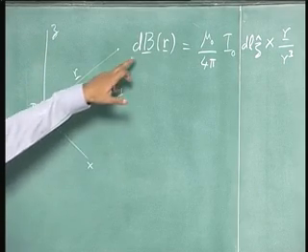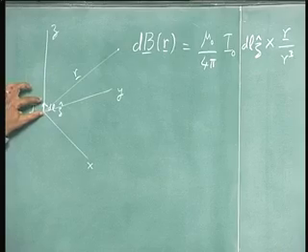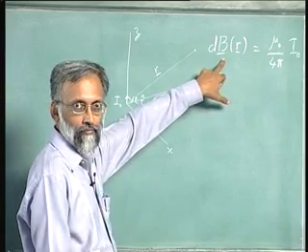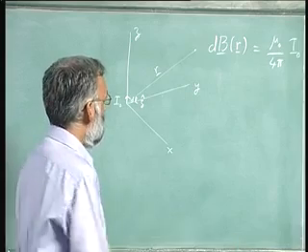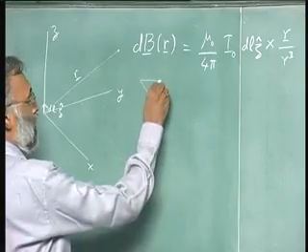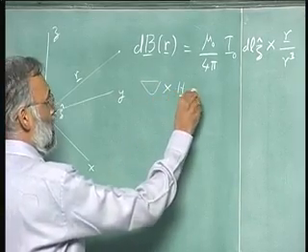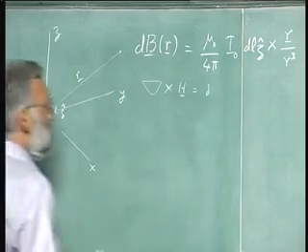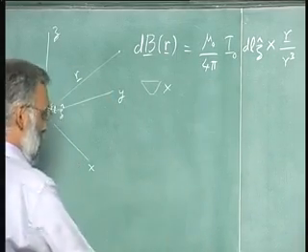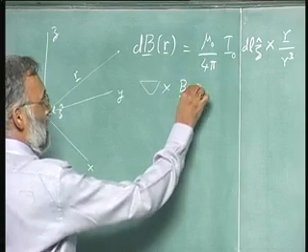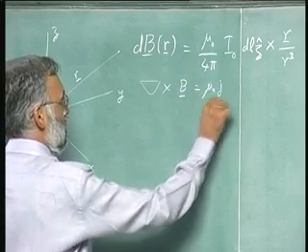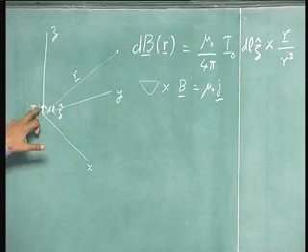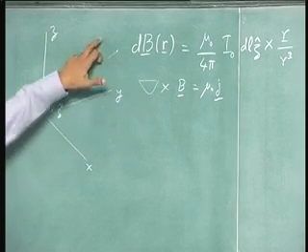Now, what happens if I have only this piece of current and I take its curl? Now, I know that curl of H is equal to J, or let me use curl of B is equal to mu naught J. So, since my only current is here, curl of B should be 0 everywhere.